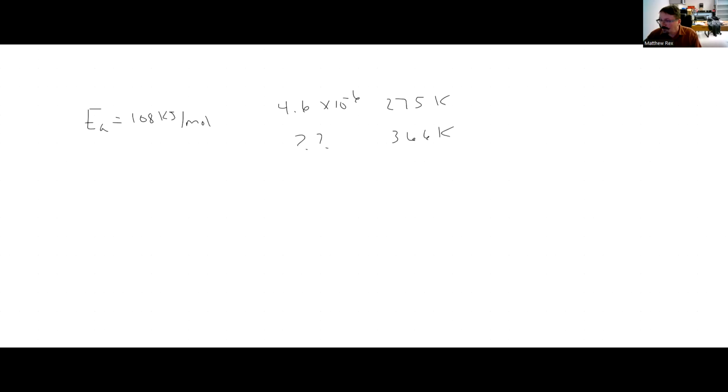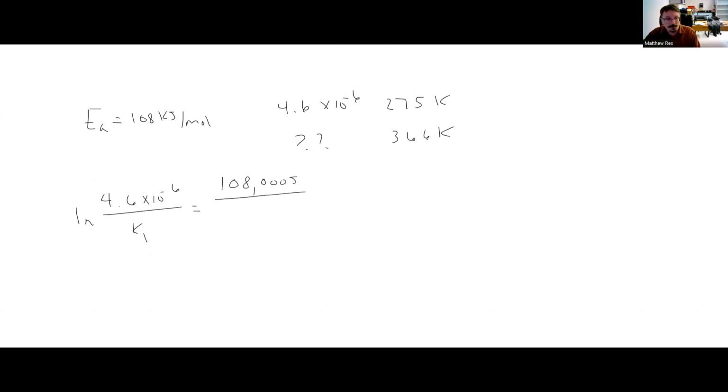So for that, we've got the natural log of k2 over k1. Okay, so 4.6 times 10 to the negative 6. We have k1 on the bottom. That's what we're trying to solve for. Our activation energy, 108 kilojoules, or 108,000 joules per mole.